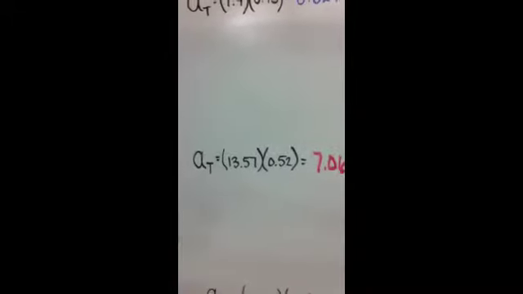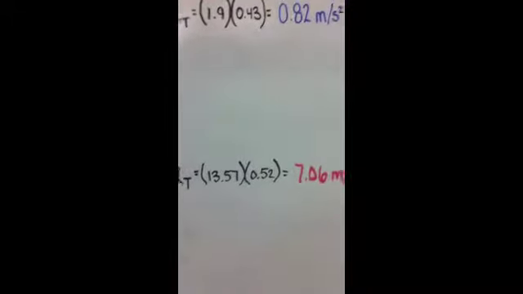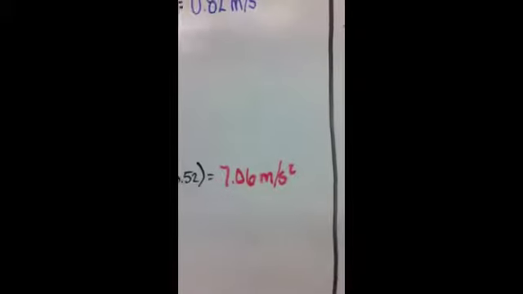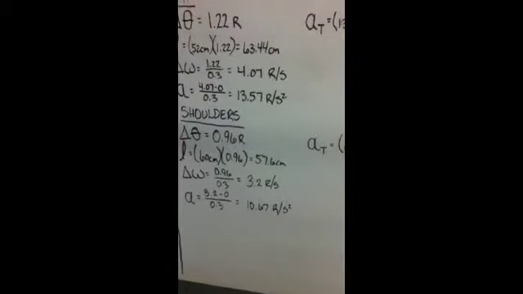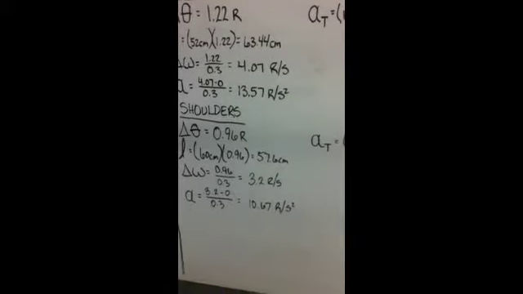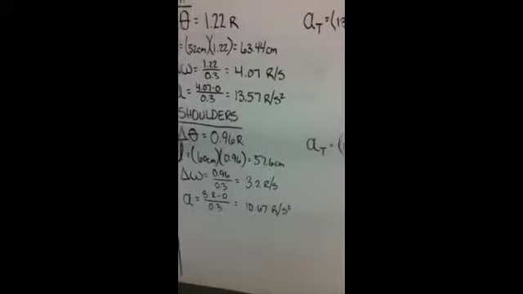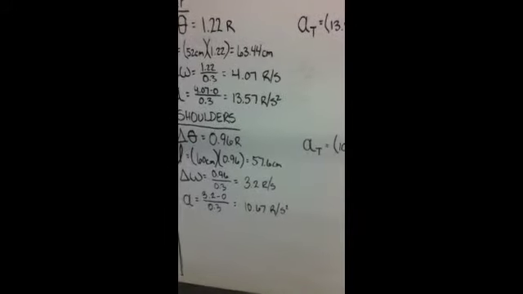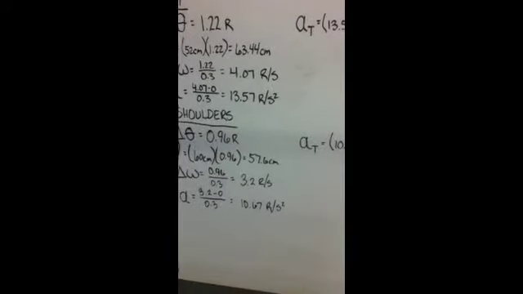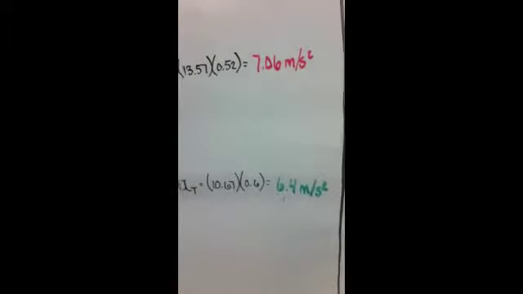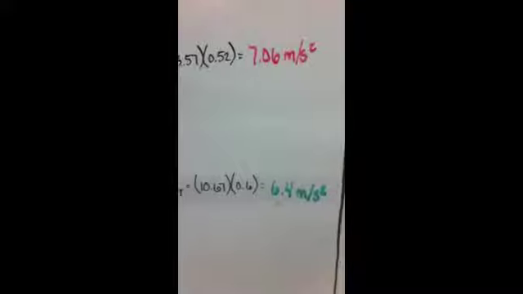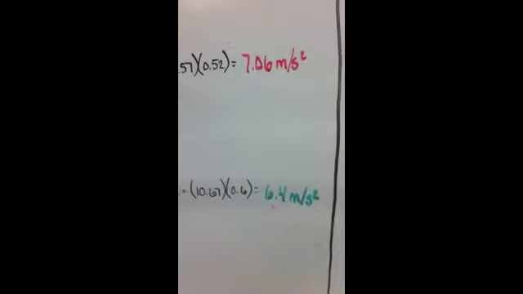That translates to a tangential acceleration of 7.06 meters per second squared. And then finally, the shoulders: angular displacement 0.96 radians, angular velocity 3.2 radians per second, angular acceleration 10.67 radians per second squared, which translates to a tangential acceleration of 6.4 meters per second squared.